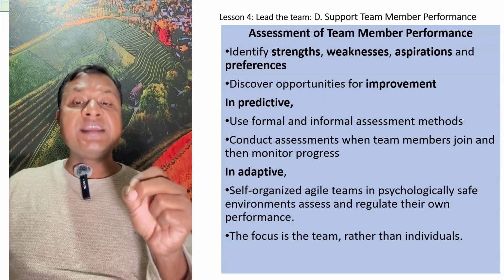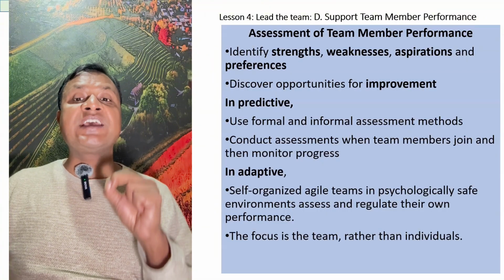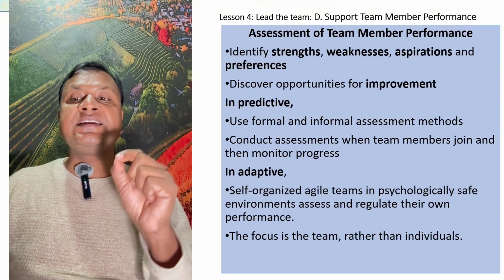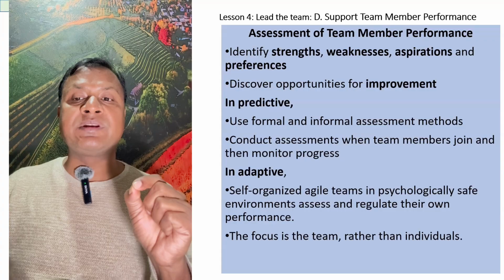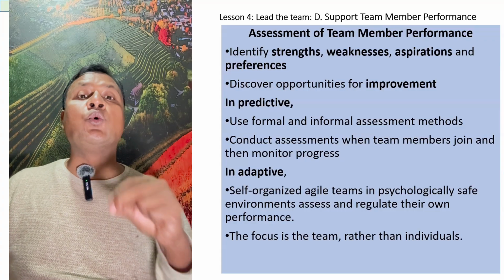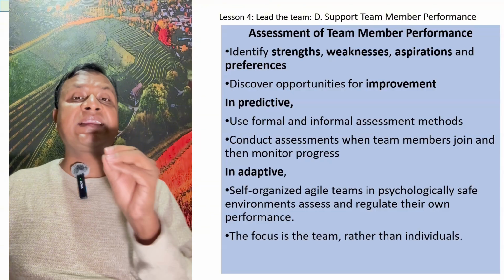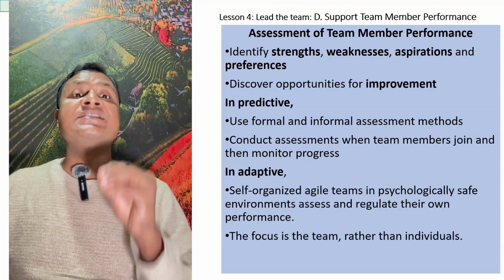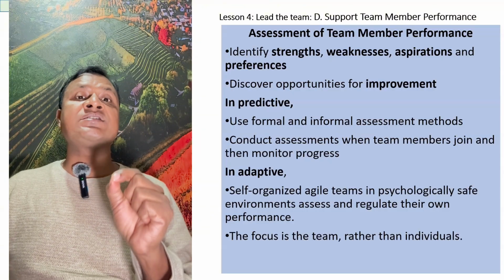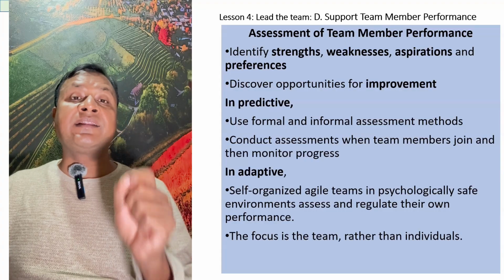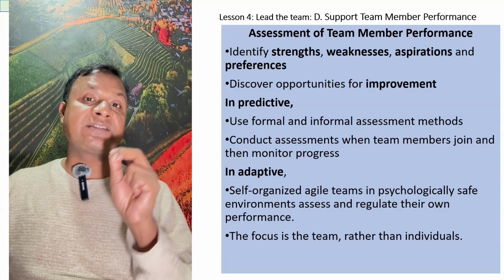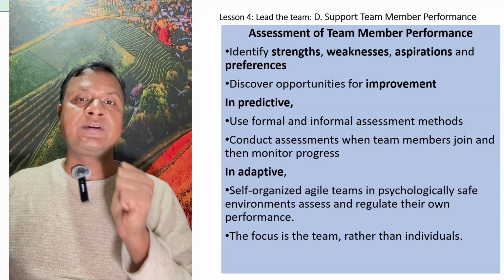On the other hand, in the adaptive approach, self-organized agile teams in psychologically safe environments assess and regulate their own performance. For each team, in each iteration, they can have meetings and they can self-organize. The focus is on the team rather than the individual. That's the focus: teamwork, team spirit.